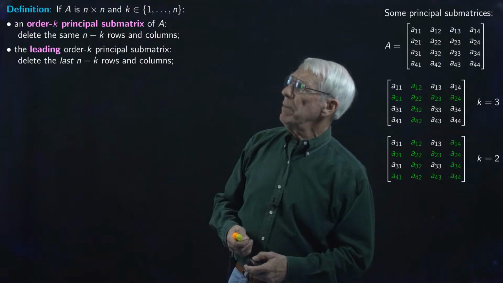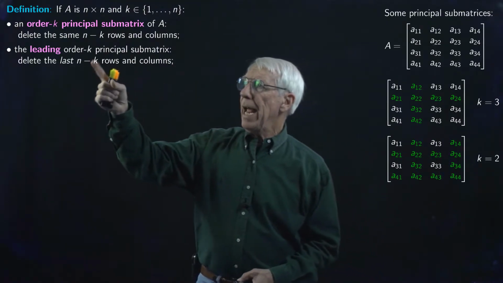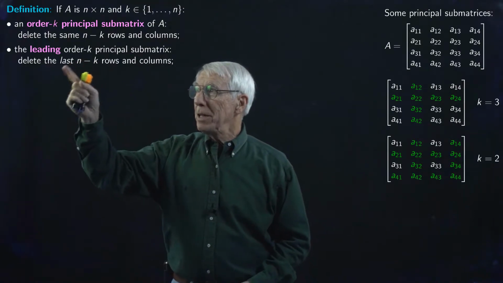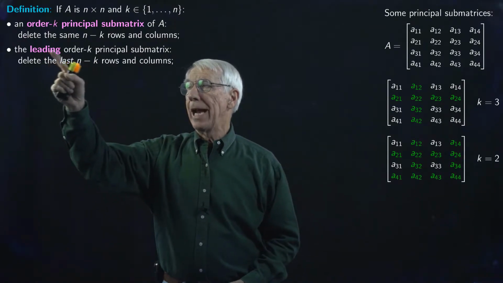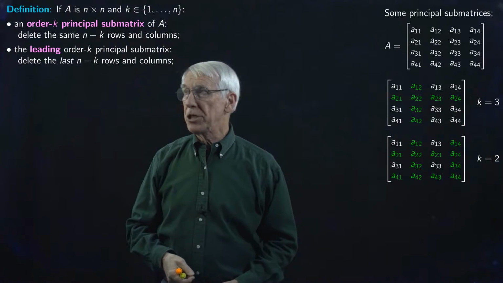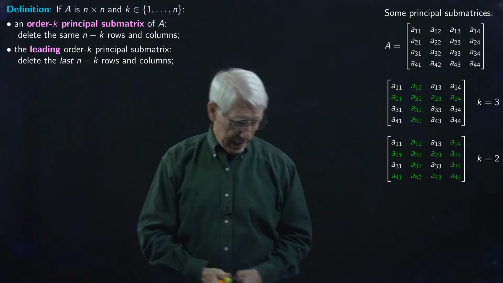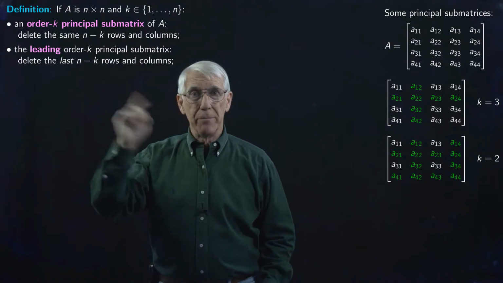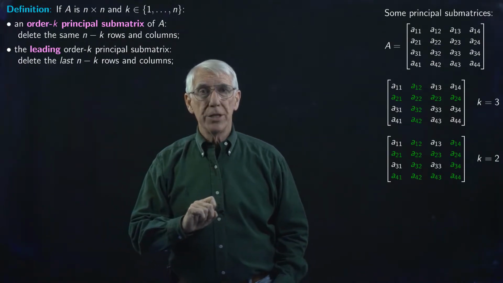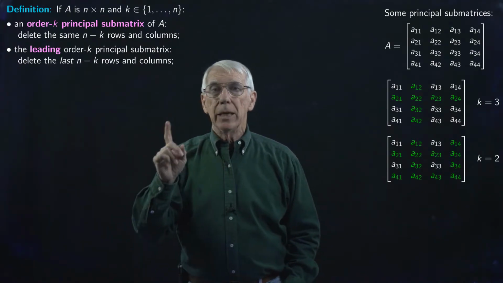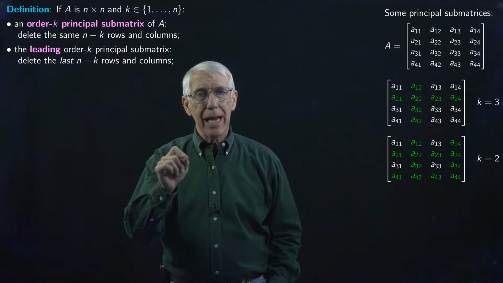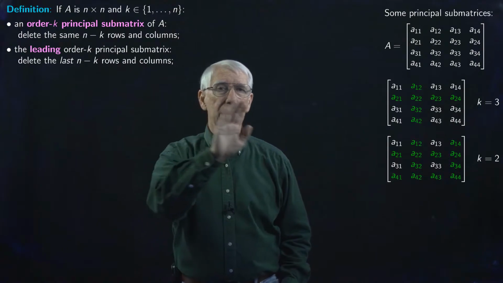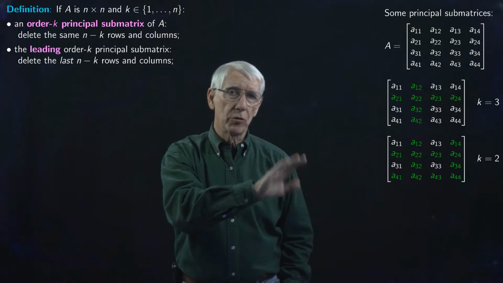So let's go back here to our definition, and now we've got yet another term, the leading order k principal submatrices. The leading principal submatrices are the ones where the rows and columns we retain are all the ones to the upper left, and the ones that we delete are all the ones to the lower right.